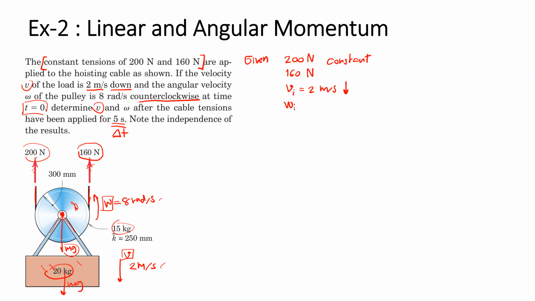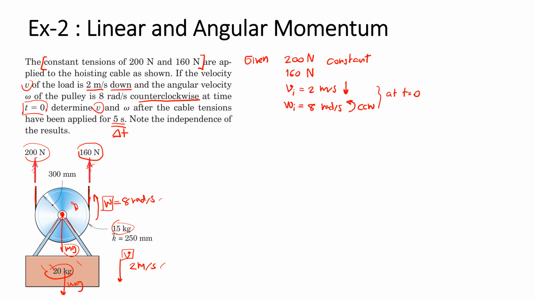Initial omega is 8 radians per second in the counterclockwise direction at t equal to 0.